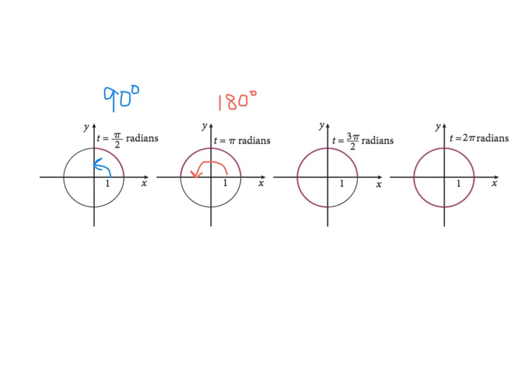The angle measure 3 pi over 2 is the same as 270 degrees, where we rotate to the negative y-axis. And then finally, 2 pi is the same as 360 degrees, where we do 1 full rotation, starting at the positive x and ending at the positive x.